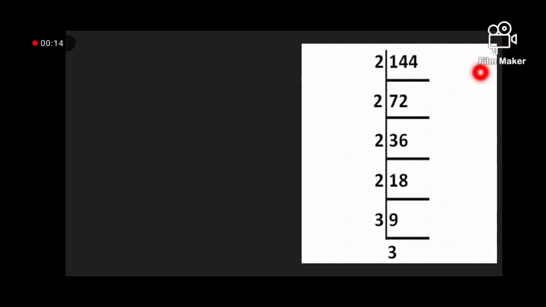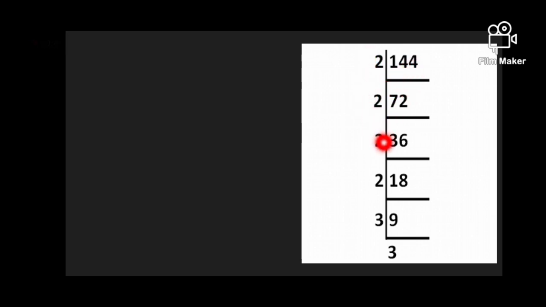Now the example is 144, and we are going to divide 144 by the division method. 144 is an even number, so we will divide it by 2 first. 2 72s are 144.